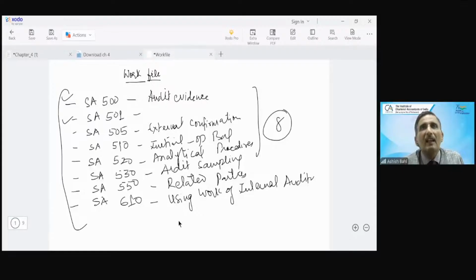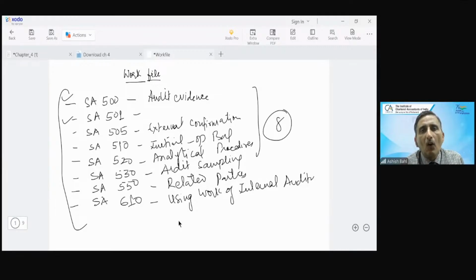Like, say, during the course of audit, you are checking purchase bills with the books of accounts. You are going through books of accounts. You are going through various ledger accounts. You have sent external confirmation requests to which responses have been given by the respective parties, say trade receivables or trade payables.